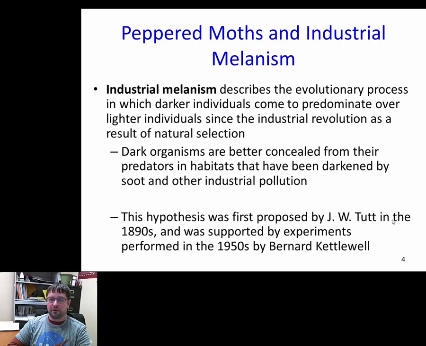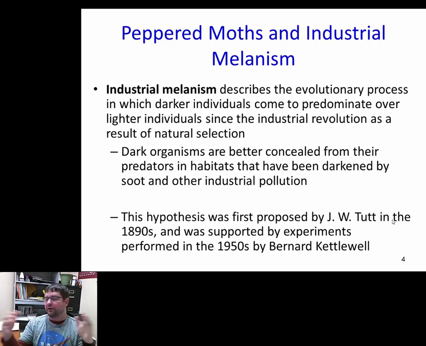He would catch white moths and he would catch black moths, and then he would pin them or glue them to different colored backgrounds, trees that either he had scrubbed with a scrub brush to remove the soot and show their white bark, or he would leave them with the soot on them, and used dark moths and white moths on a dark background, or dark moths and white moths on a light background.